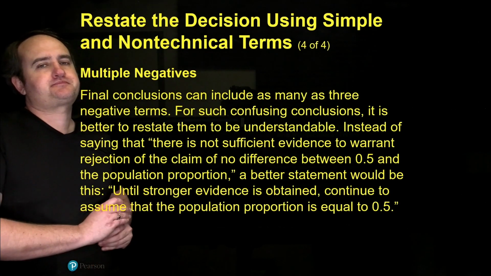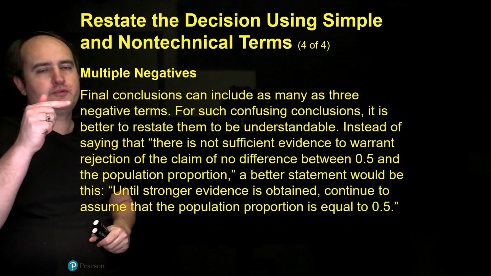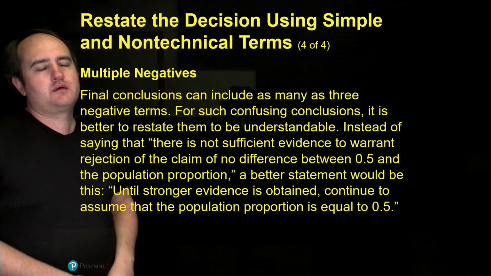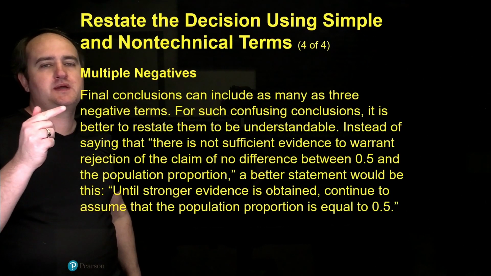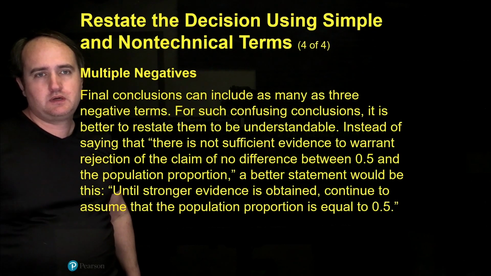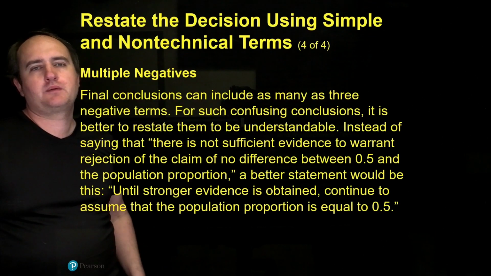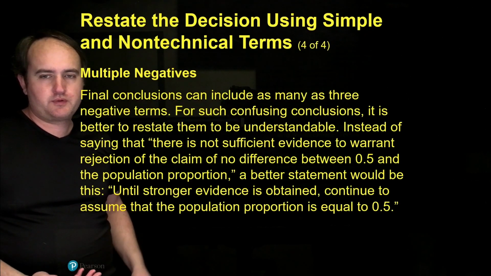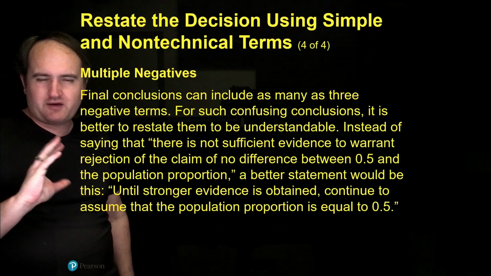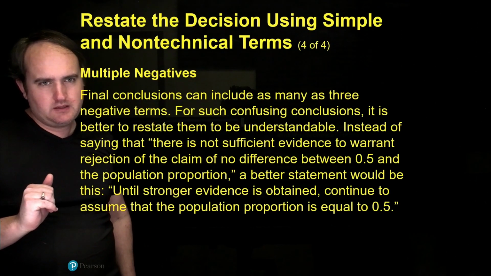As they point out in our book here on this slide, final conclusions can include as many as 3 negative terms. If you have to write a statistics paper in the real world, just try to take out as much of that as possible.